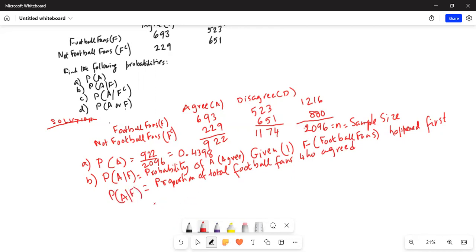Now we know the total of the football fans is 1,216. That's a larger number. Out of them, 693 agreed. So that is equal to 693 divided by 1,216, which is equal to 0.5699.